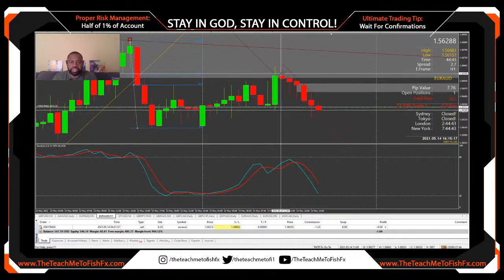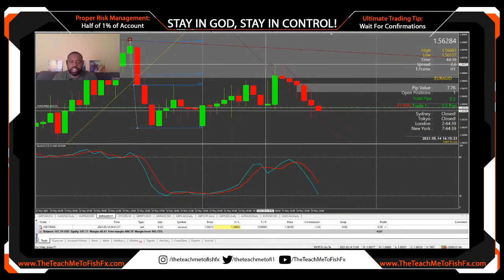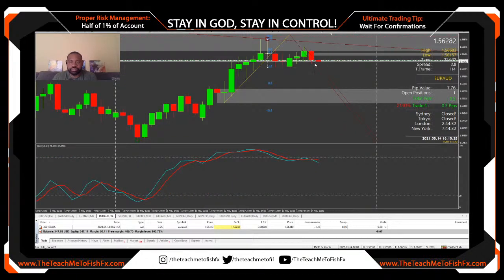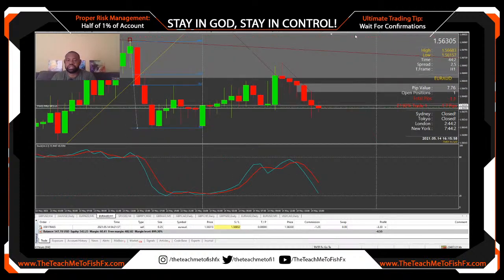We got total rejection coming off of this daily supply. 1 hour candles, nothing but bearish candles right here. Like I said, we got this bearish close on the 4 hour. This 4 hour zone has not been tested. I'm talking this over with you guys and convincing myself that I did take a good trade. Even if it doesn't work out, all the signs are pointing for me to take a sell on this.